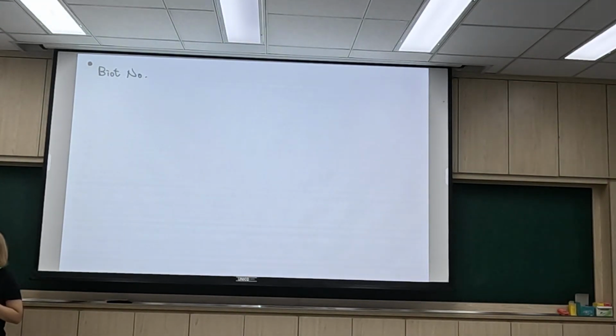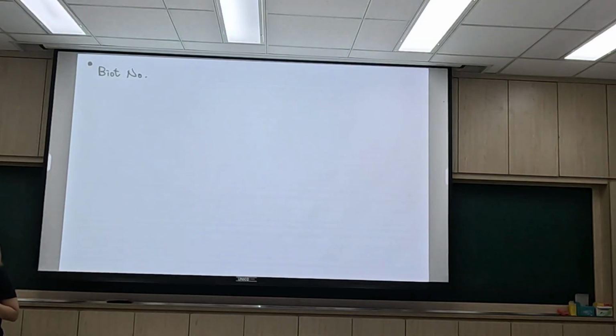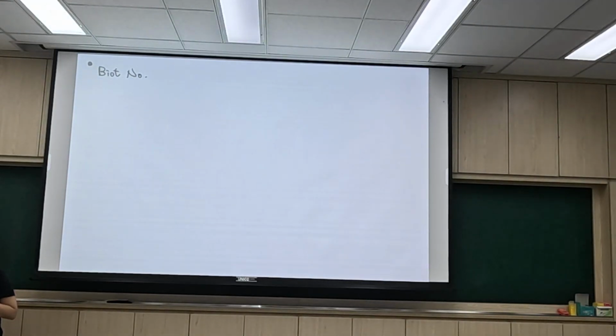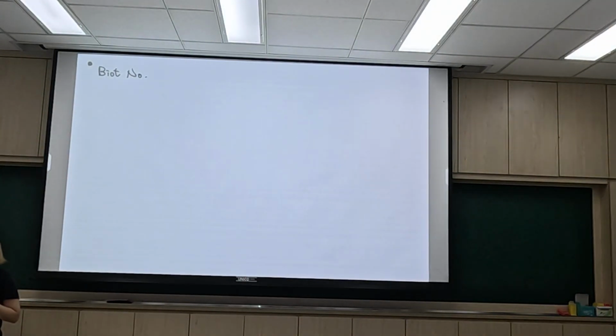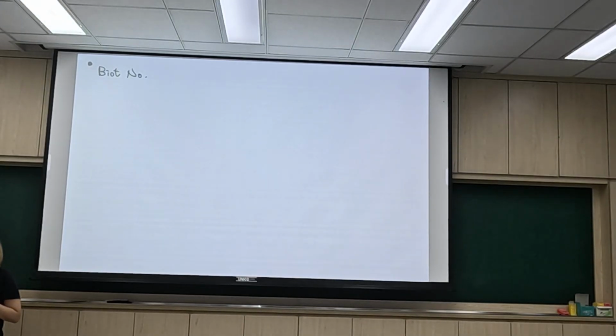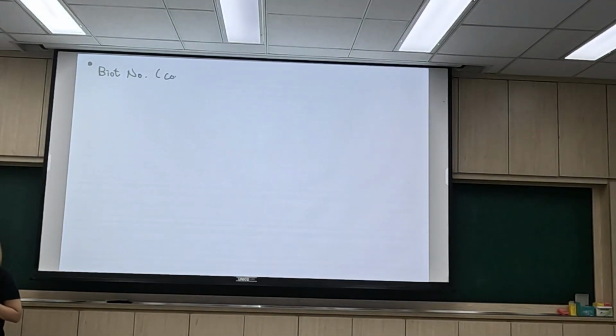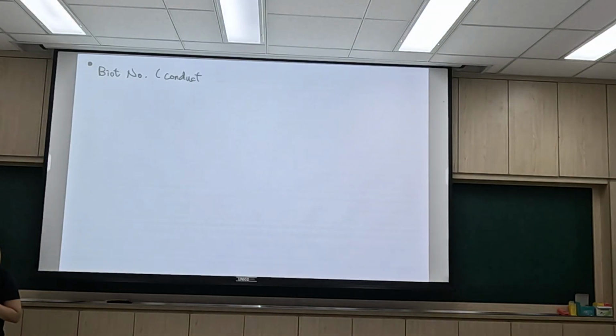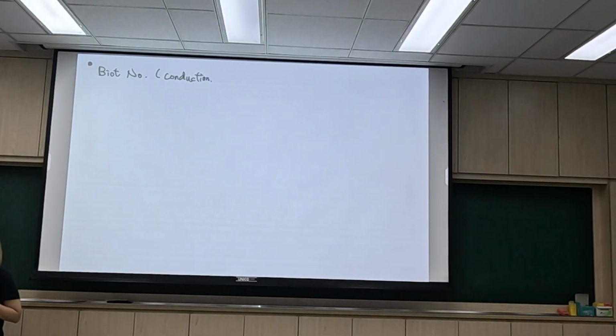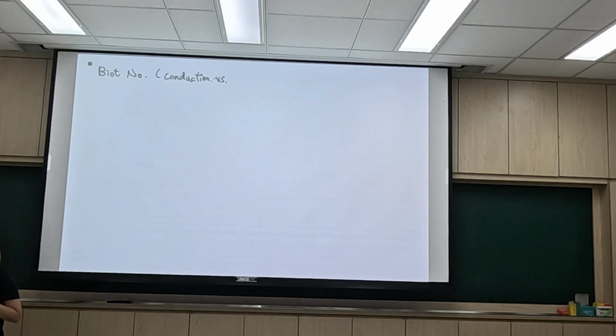The Reynolds number is the comparison between inertial force and viscous force, and the Biot number is also a comparison between something. This is the comparison between conduction and convection.